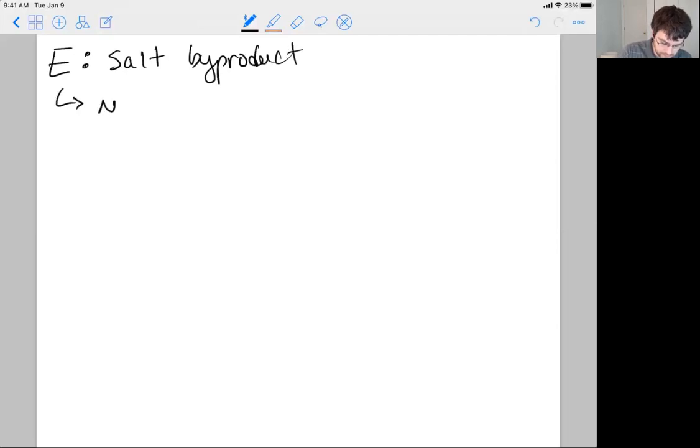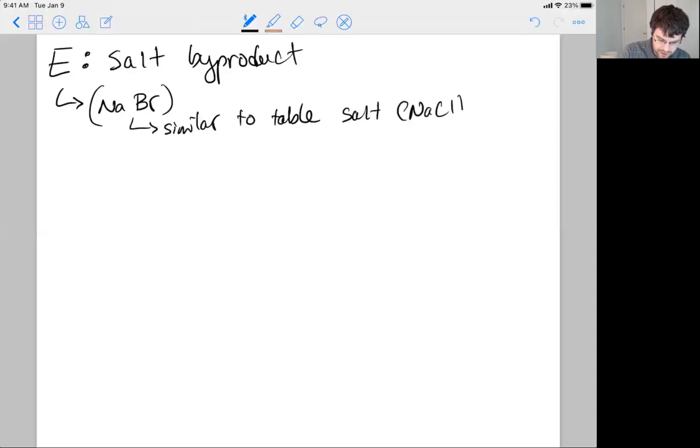So we had NaBr. And if you look, NaBr looks a lot like sodium chloride, table salt, which is NaCl. And that's no coincidence. I mean, Br is a halogen.